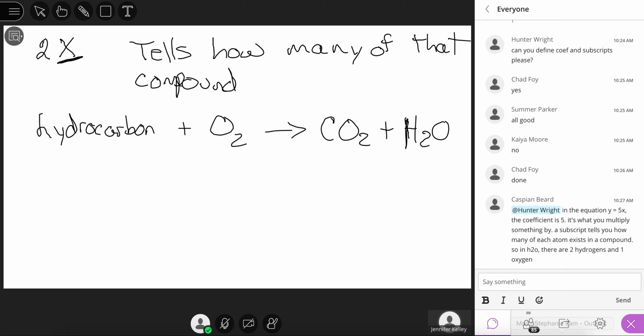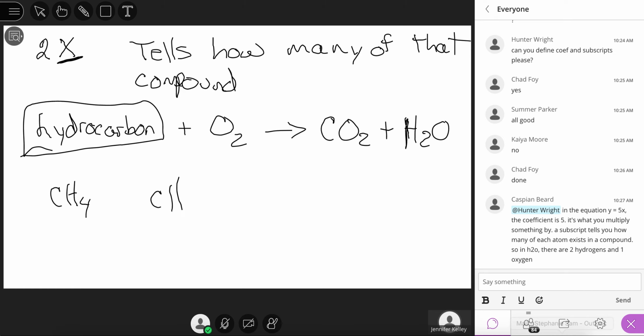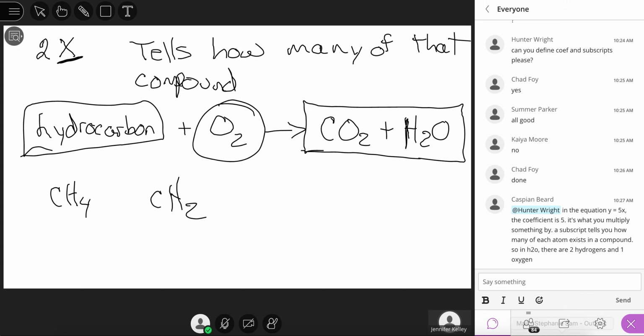In reality, you get side products, and that's why they have you do emissions testing on your car to keep you from putting out so much carbon dioxide and things like carbon monoxide. But the main thing here is hydrocarbon, which would be anything like CH4, CH2, any of those CH things, in the presence of oxygen, will produce carbon dioxide and water. So that you'll need to know for sure.